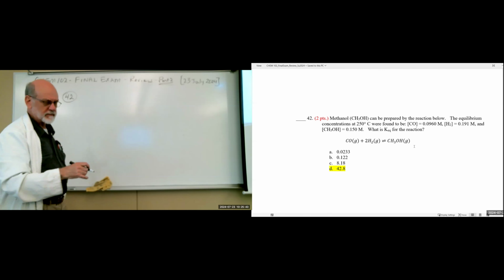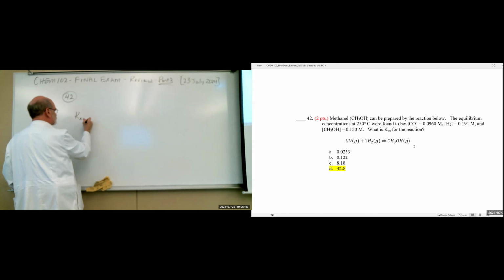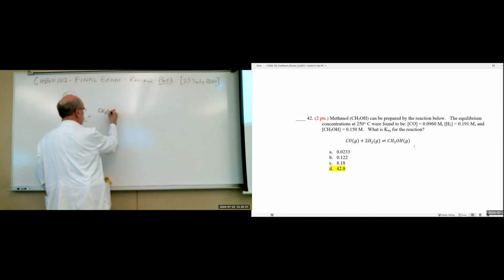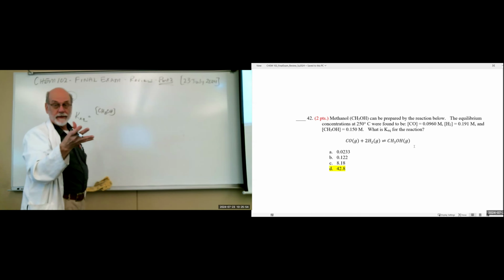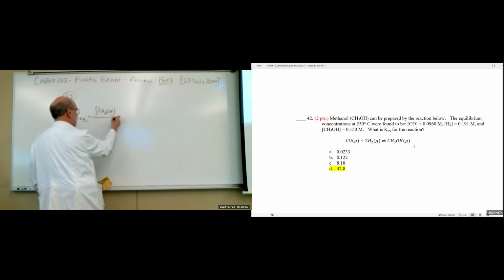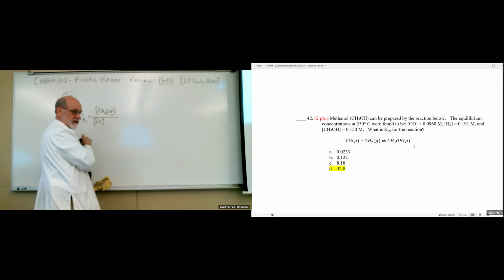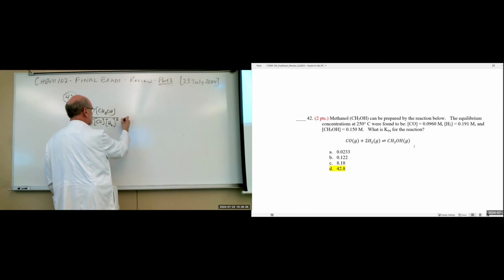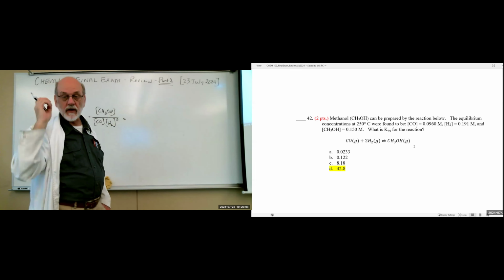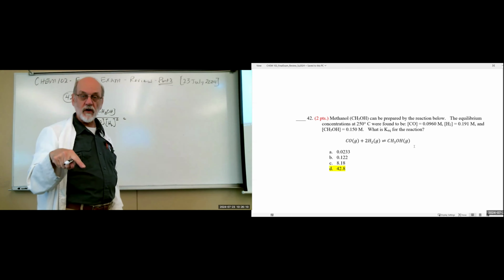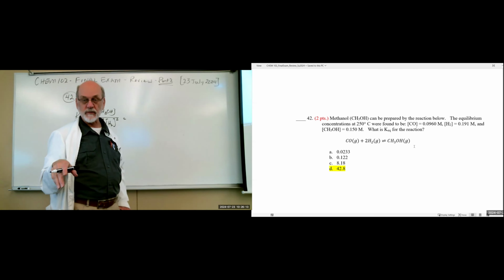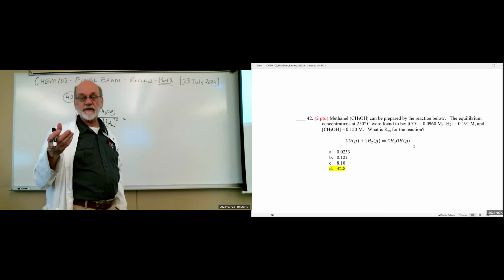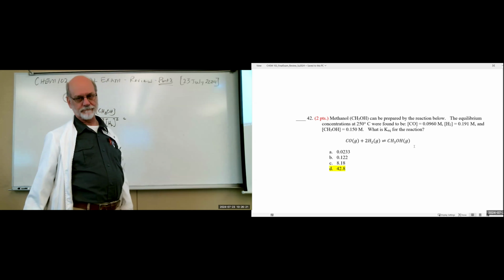Take that equation, write out your expression: products to its power, which is 1, and then reactants, CO to its power, which is 1, and hydrogen to its power, which is 2. Then you plug in the values because we're told what the equilibrium concentrations are. It matters what the temperature is because this calculation is only good for that temperature.